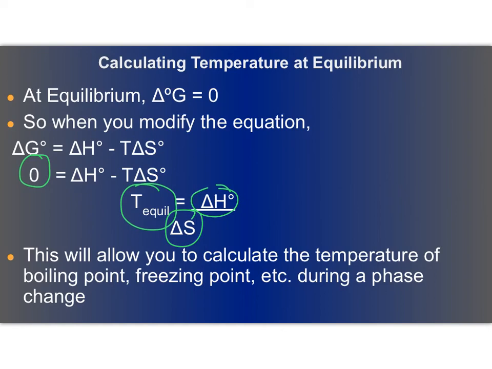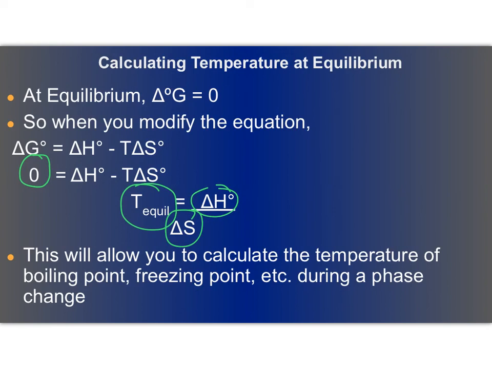When we're looking at physical changes, this equation becomes very helpful because it will tell us at what point a substance will be going through a phase change, whether it would be going through melting and freezing equilibria, or vaporization or condensation equilibria.